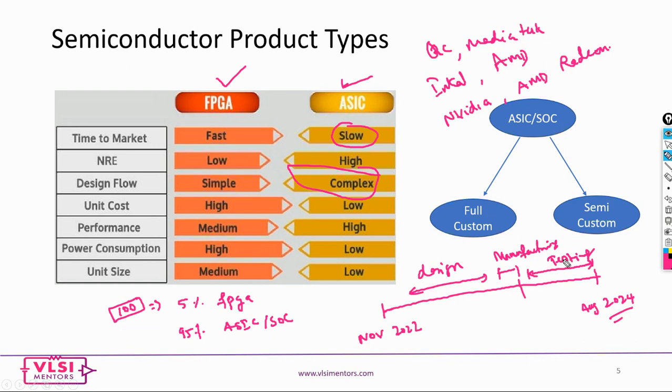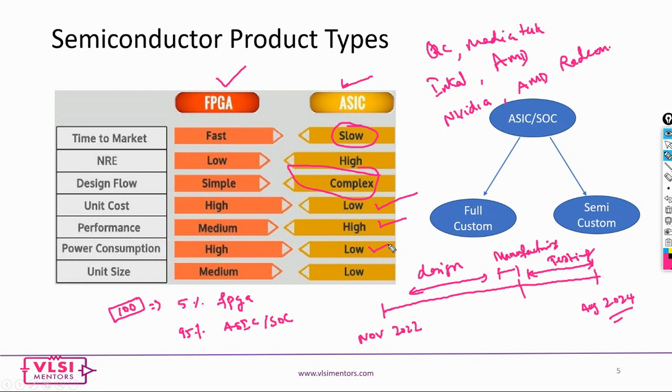So the overall duration, the time to market, when you pick ASIC is very long because of the nature of the design development cycle. But the advantage here is your unit cost. Each unit cost is going to be much lesser, and you can tweak the performance as per your need.